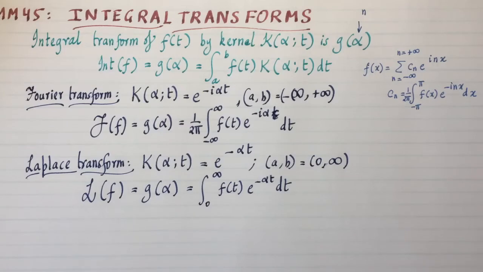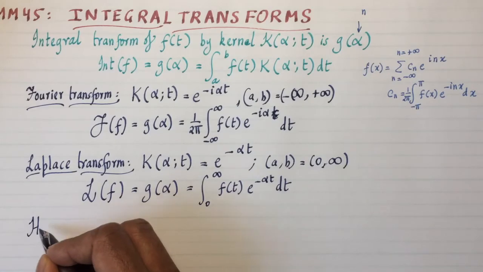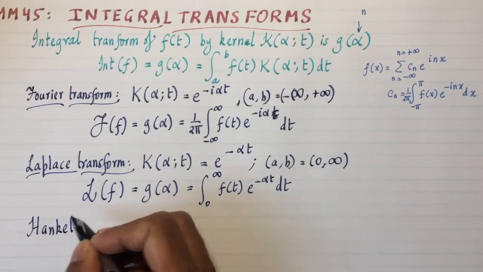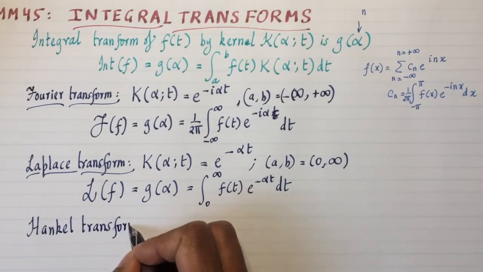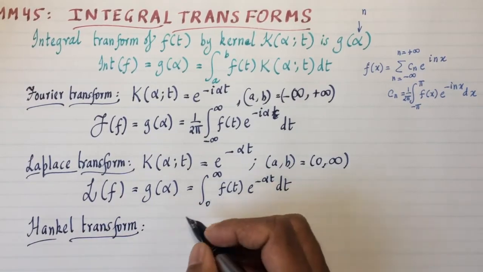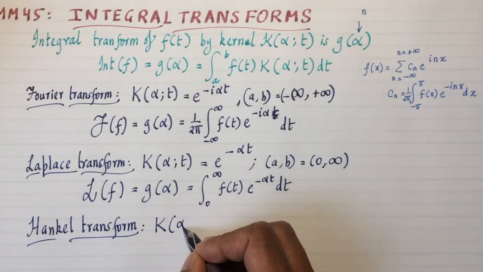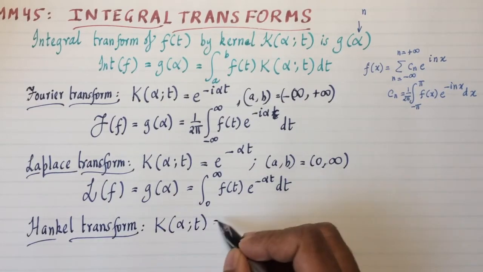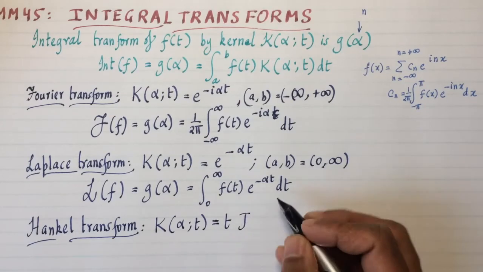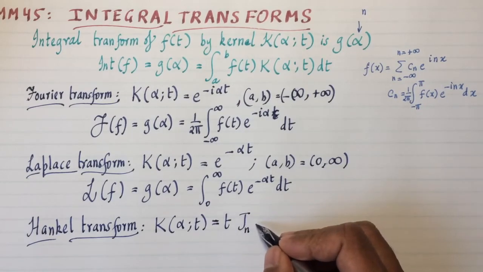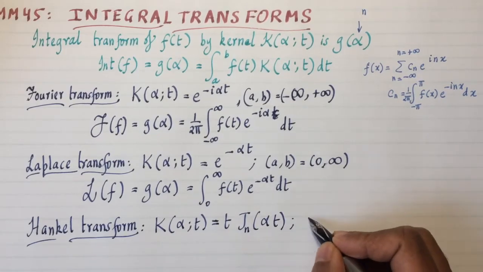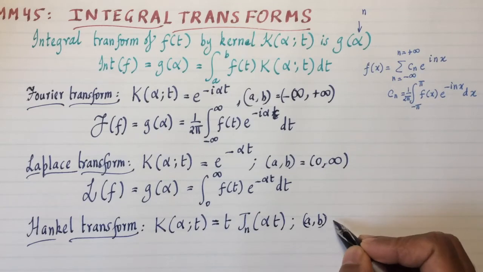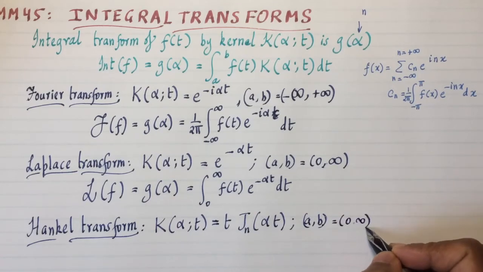Now there are other kinds of transforms, and I'll just mention two others. One is the Hankel transform, which has got a lot of applications in both chemistry and solid state physics. Here, the kernel happens to be t times the nth order Bessel function J_n of alpha t, from 0 to infinity.